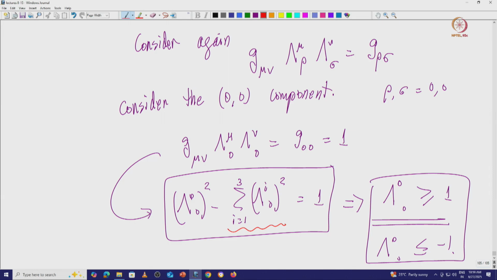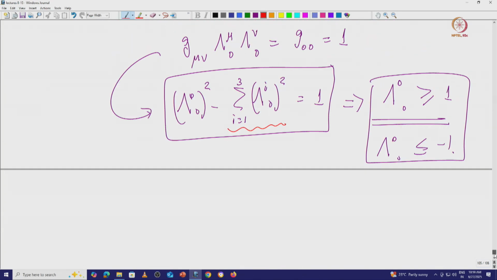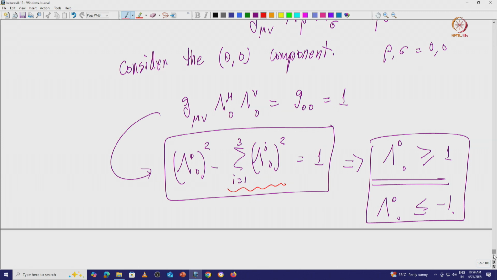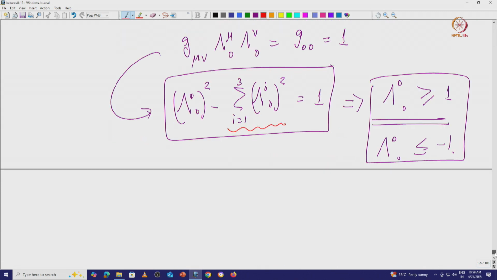So lambda 0 0 has to be the square root of 1 plus some positive definite square, so from that you get either it is greater than 1 or less than minus 1 essentially.